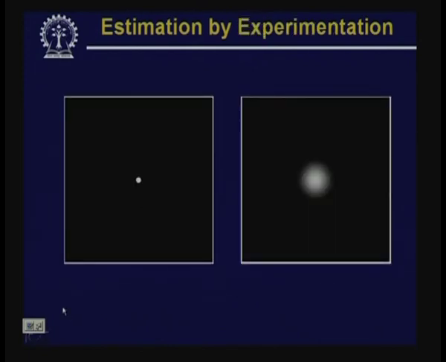The other approach for estimation of the degradation function, we have said, is estimation by experimentation. Our requirement is that whichever imaging device or imaging setup has been used to record a degraded image, in our laboratory for experimentation purposes we will have a similar imaging setup.